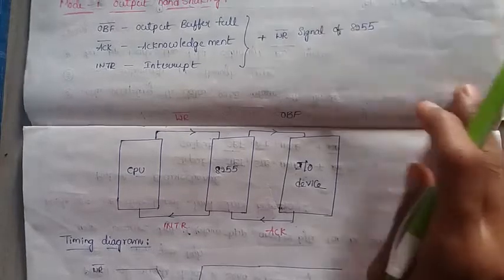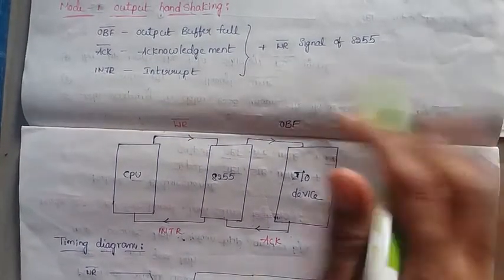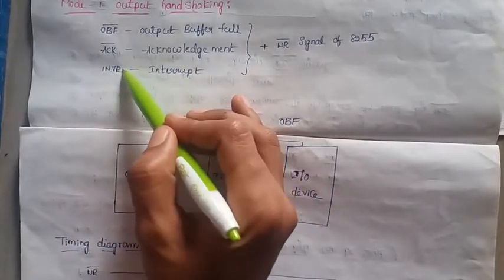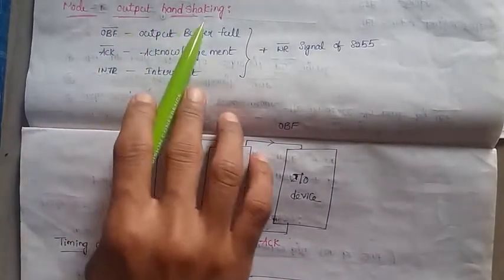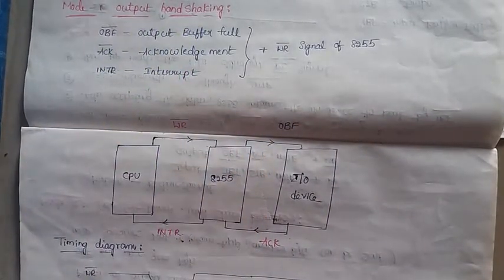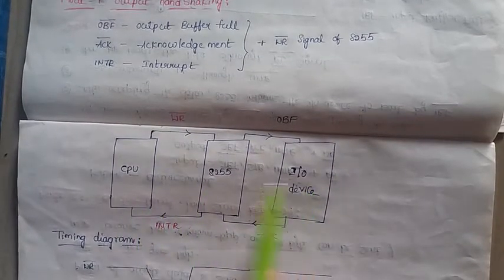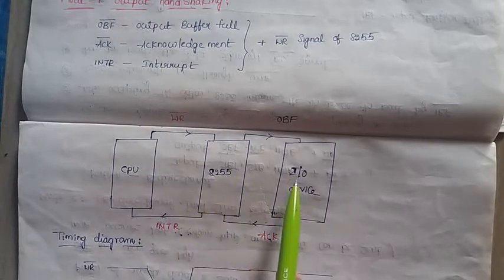Now let us see how output handshaking is done. For output handshaking also we need 4 signals. Those are OBF, acknowledgement, INTR, and the WR bar signal. These are generated by port C and the 8255. Output handshaking means that the processor is sending the data to the IO device. Before sending the data to the IO device, it sends the data to 8255, and then 8255 transfers the data to the IO device.